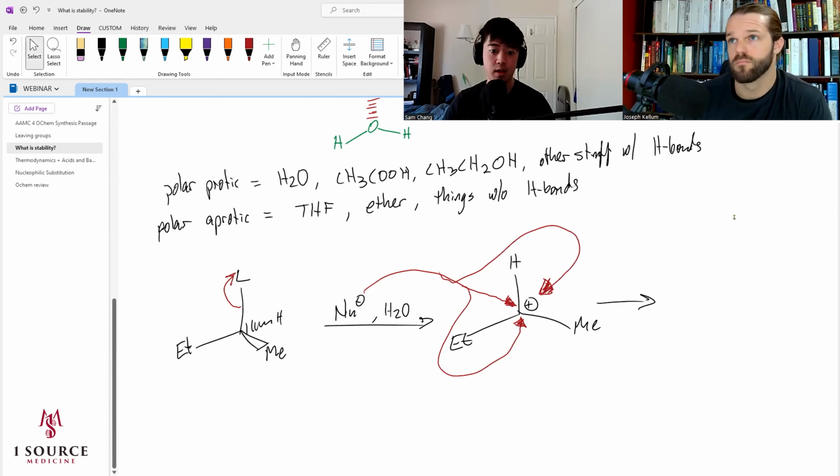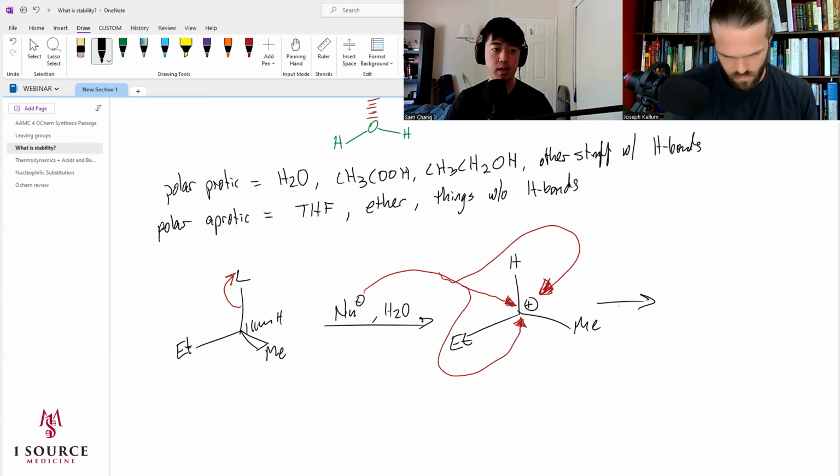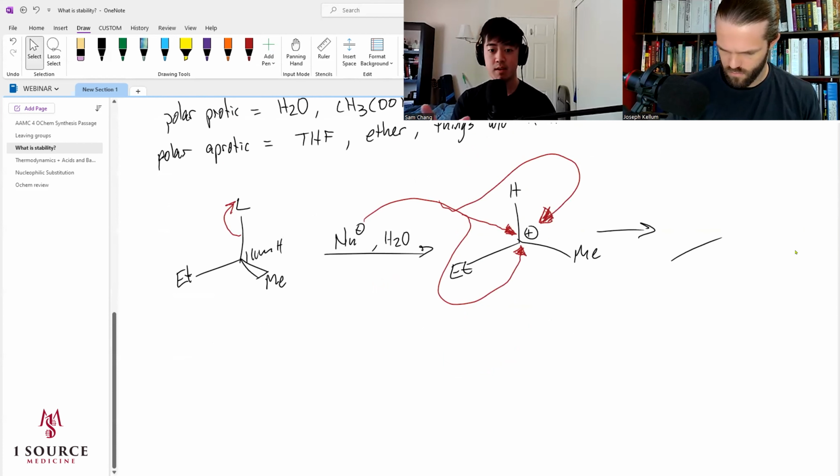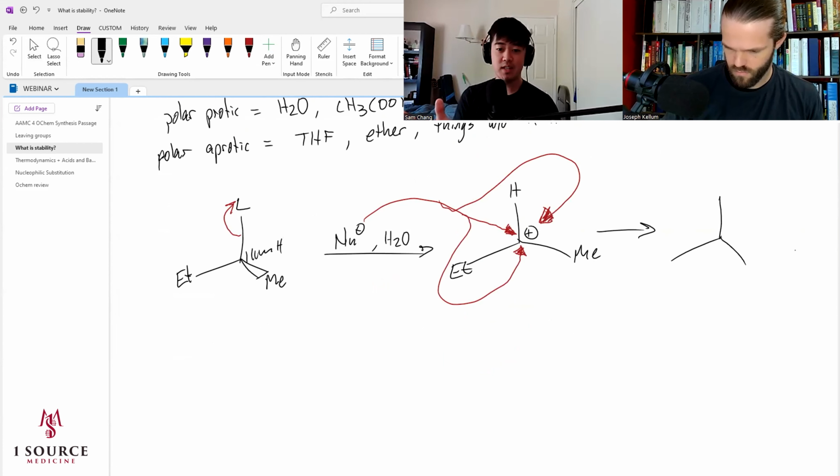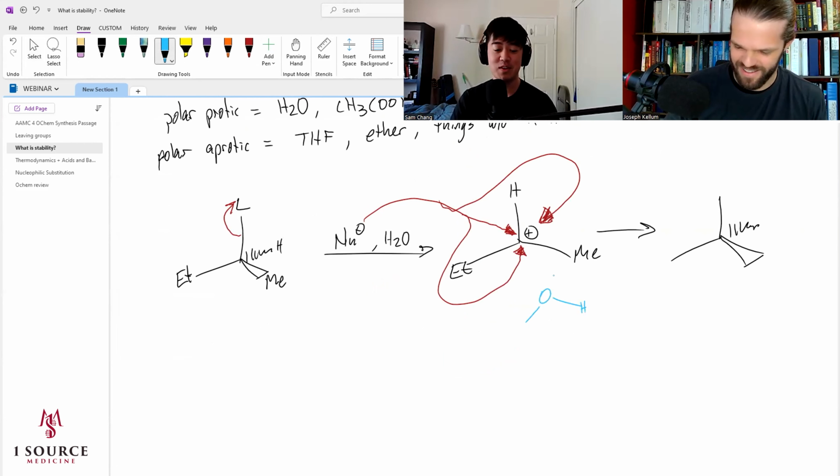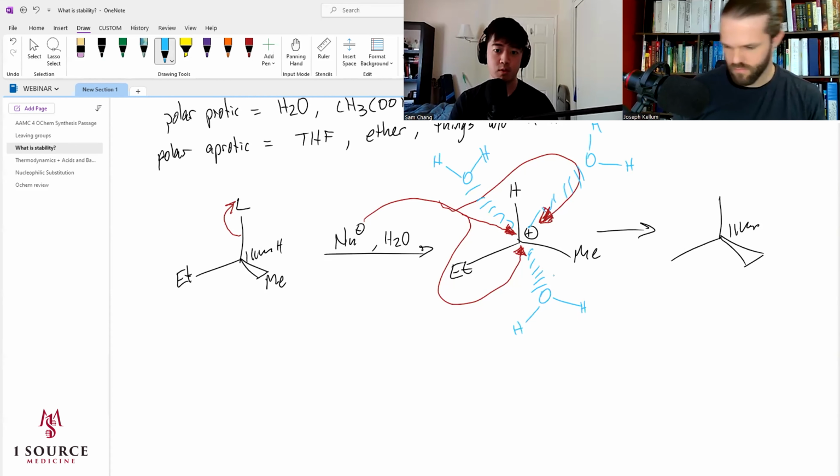The partial negative charges of the protic solvent surround the carbocation, comforting it, telling it everything's going to be okay, until the nucleophile comes in and makes the final product, the most stable product, with no formal charges.